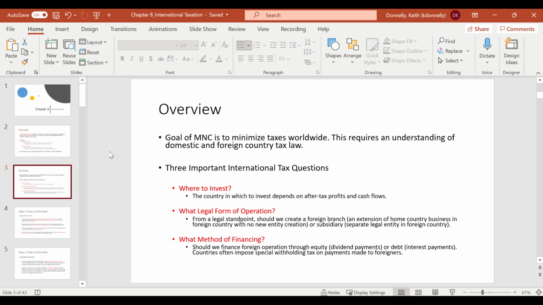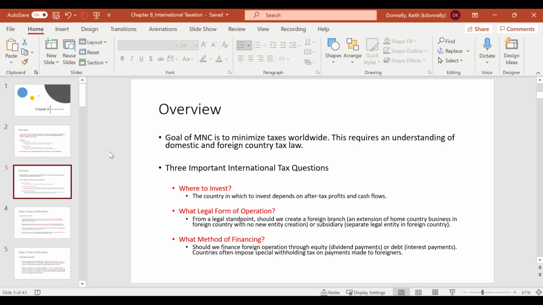So in that analysis, we'd have to consider our after-tax profits as well as our cash flow. So what would country A produce? What would country B produce with regard to taxation and cash flows? Likewise, we have to consider what legal form of operation we would want to pursue. So should we create a foreign branch, in which case it would be an extension of our home country business? Or instead, should we create a foreign sub, like actually create a new separate legal entity in that foreign country?